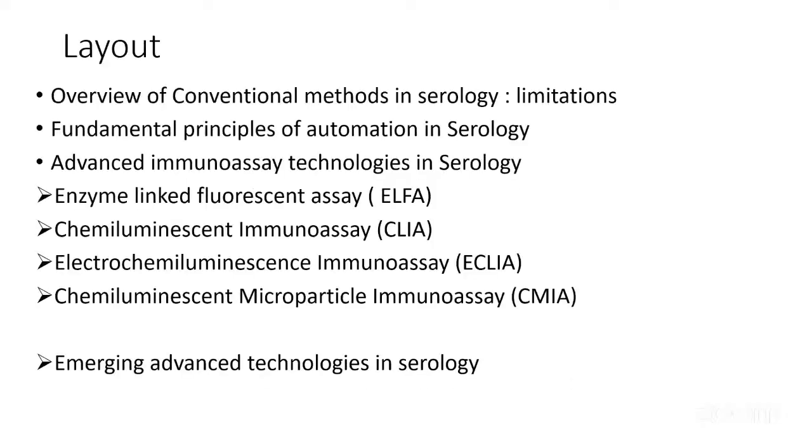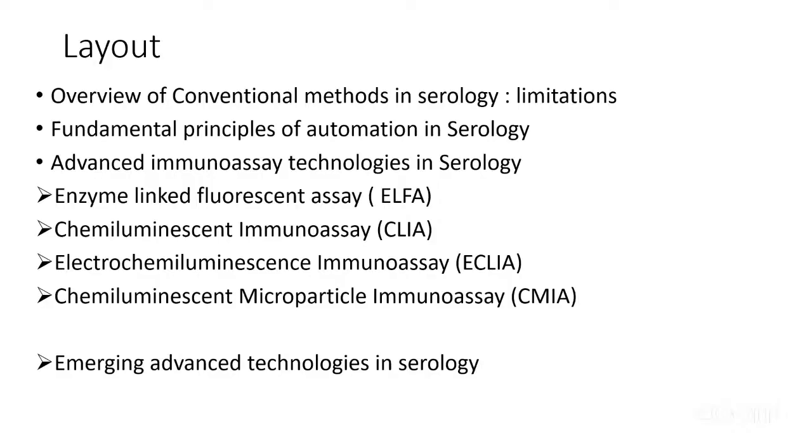The layout of my talk will be an overview of the conventional methods a little bit. We'll not go into depth, because I believe you know about ELISA and the different methods, and we'll just discuss the limitations, and why we require serology automation. Then a little bit on fundamental principles related to automation, then advanced immunoassay technologies.